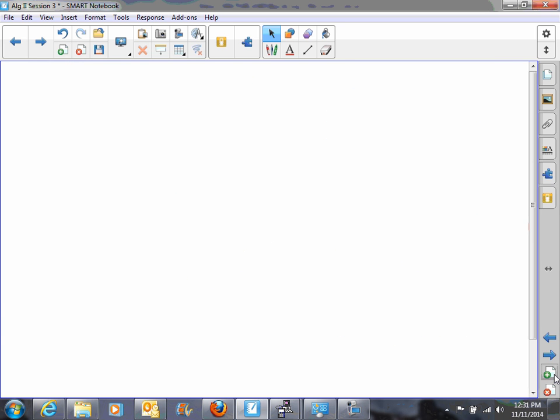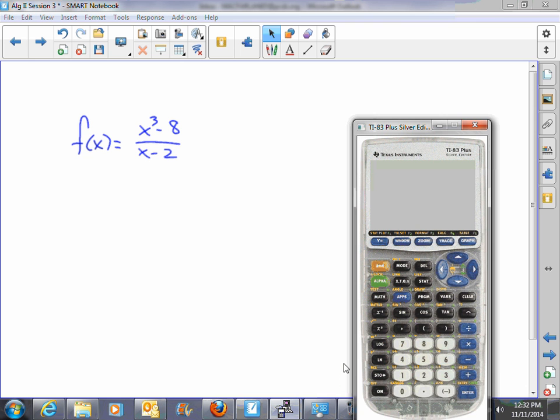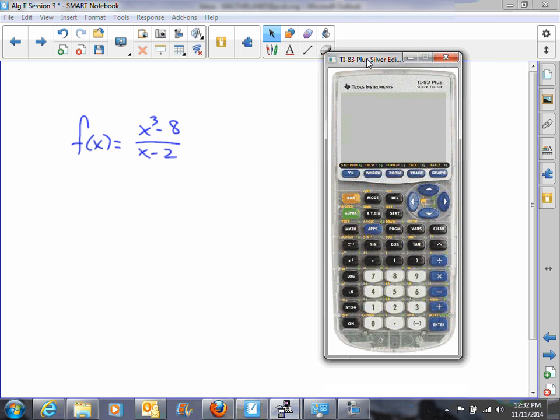Now let's take a look at an example of that. The example I'd like to use is f of x is equal to x cubed minus 8 over x minus 2. Now if we were going to graph this one, one of the things that we could do is put this in our calculator and get a table of values that we could graph.